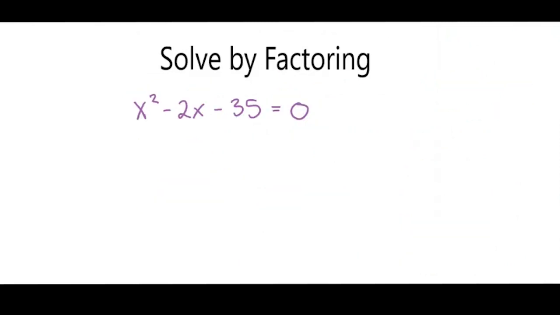So here I have x squared minus 2x minus 35 equals 0. So I will factor this to solve it and set it equal to 0. I have my x squared here, so I'll put an x in each parenthesis. Now, when this is negative, that means that one will be positive, the other will be negative, because a positive times a negative equals a negative.